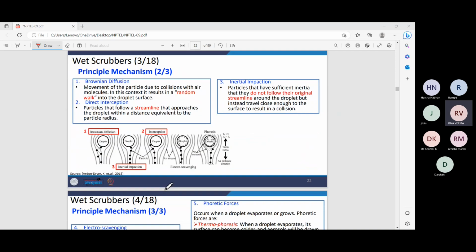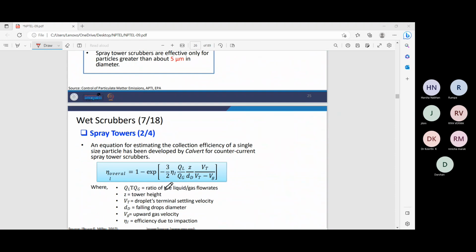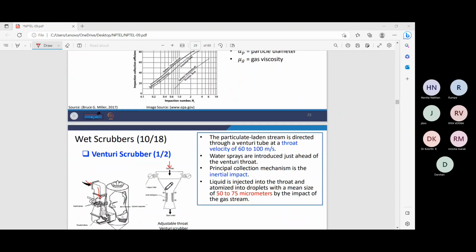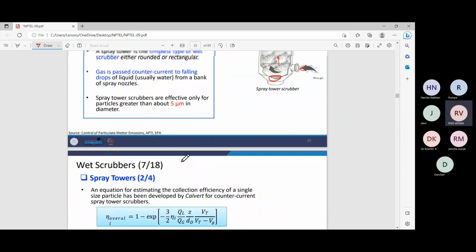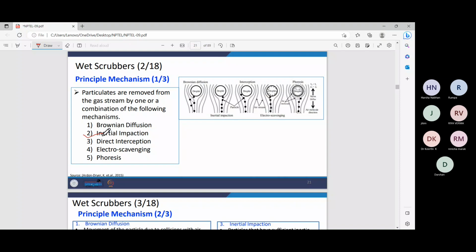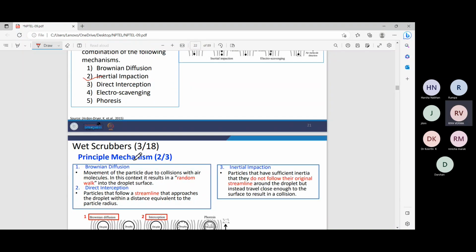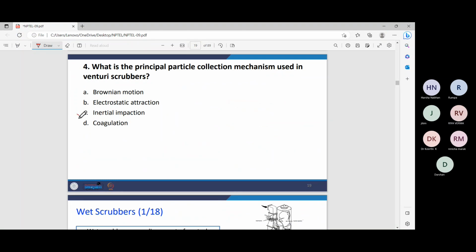The principal collection mechanism for the particulates in a Venturi scrubber is inertial impaction.